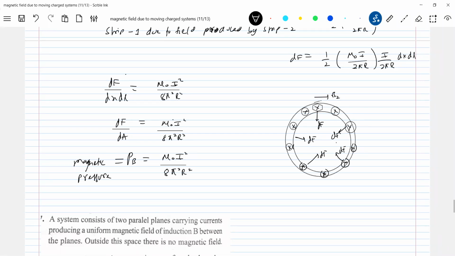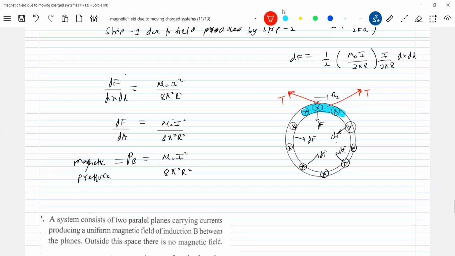We'll try to contract, no? And who will balance this? You have to bring a tension. How will the tension act in this direction? I'll ask you to find the tension in this particular pipe. All application problems will come for you. There's a basic idea now. We must know what is the thing.